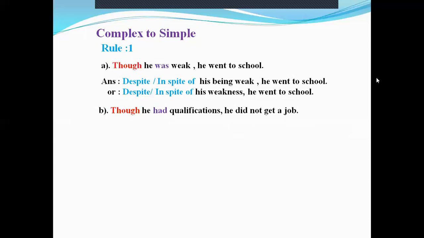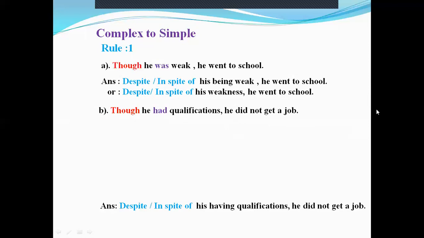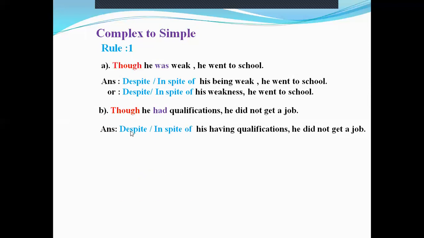Number B. Though he had qualifications, he did not get a job. If there is though and have, had, or has, use the following rule. Write despite or in spite of instead of though, then the possessive form of the subject, and instead of have, had, or has, write having, then the rest of the sentence.